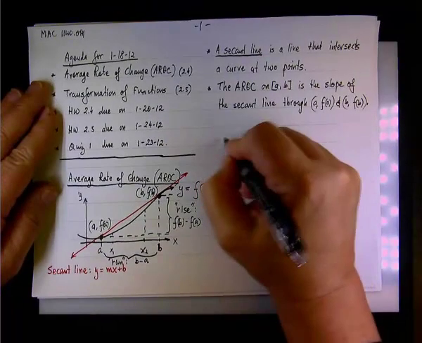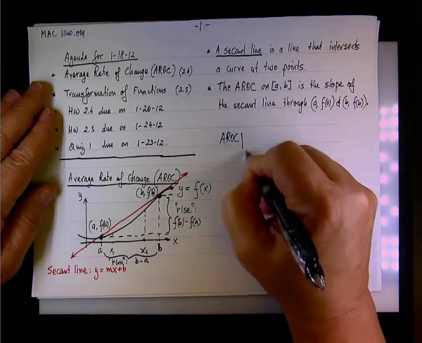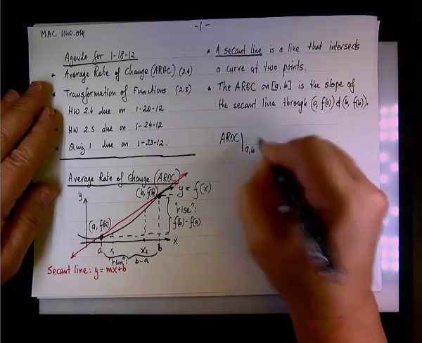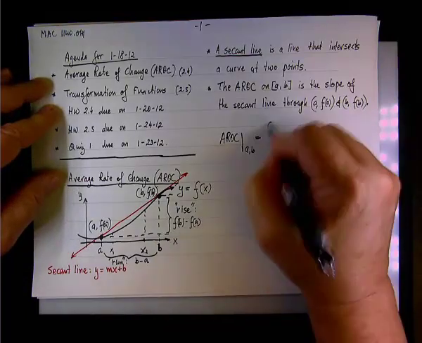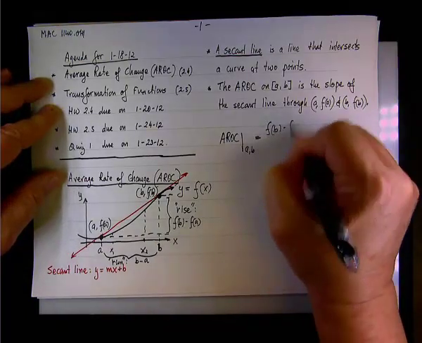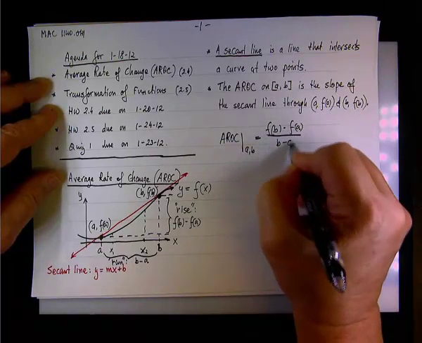So we're going to say that the average rate of change as we move from A to B, notice the notation, will be the rise, which is F of B minus F of A, divided by the run, which is B minus A.